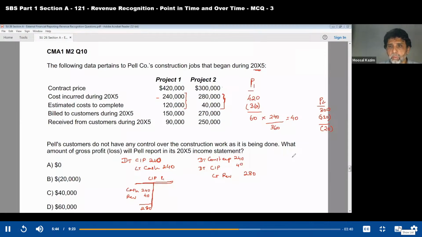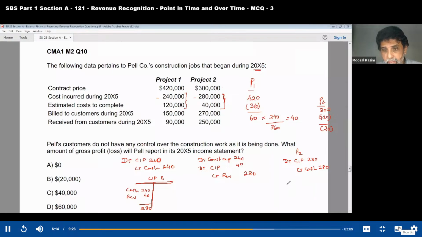So how would you recognize that? First of all, for project two, the cost incurred would be debited to the CIP account. Debit CIP 280. It's a contract asset account, so you're accumulating the cost there. It's like a work in process account. And credit cash 280.